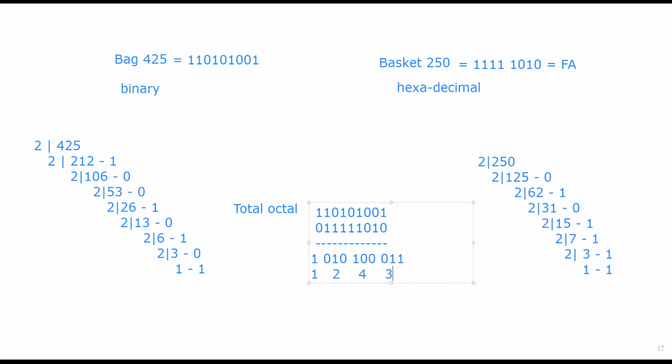Right now, I think the way we have done is different. Dividing by 2 is easier than dividing by 16. So that's why when I want to convert to hexadecimal, I convert it to binary and then put it to hexadecimal. And there's another reason why I did it, because then you can combine the two binaries together, get the total, and then I convert into octal. The final answer is 1 2 4 3 in 8.